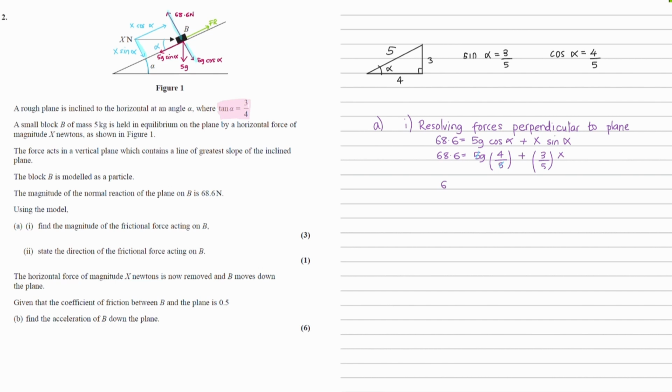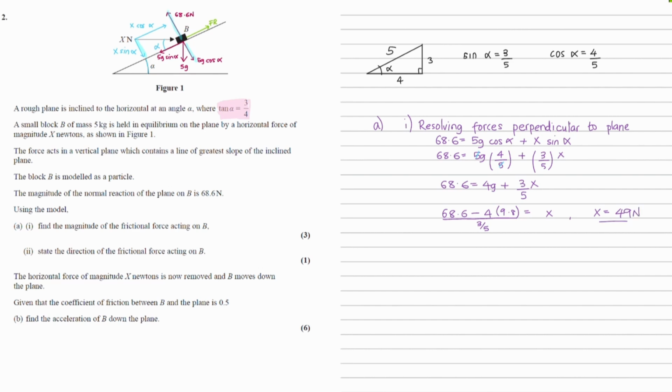The 5s would cancel, and we would be left with 68.6 equals 4g plus 3/5 x. We can then minus the 4g, using g as 9.8, and this would be equal to 3/5 x. If we then divide by 3/5, this would give us the value of x, and x would be equal to 49 newtons.